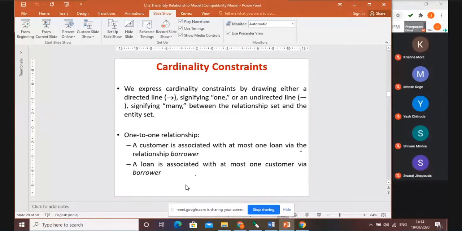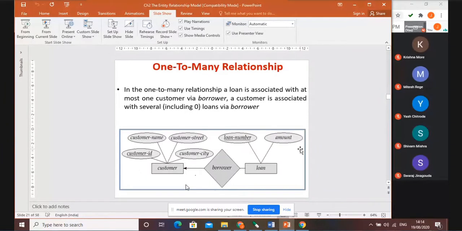So that is known as one. A solid line towards the entity set from your relationship set indicates that many entities from that entity set are participating in that relationship set. Okay, so for that we have seen this example.